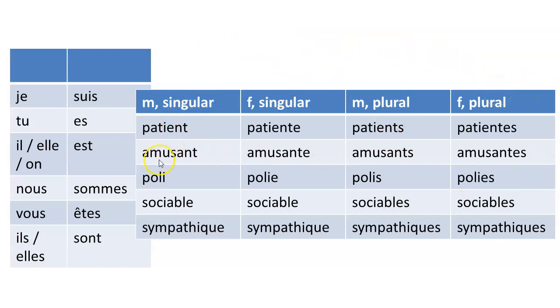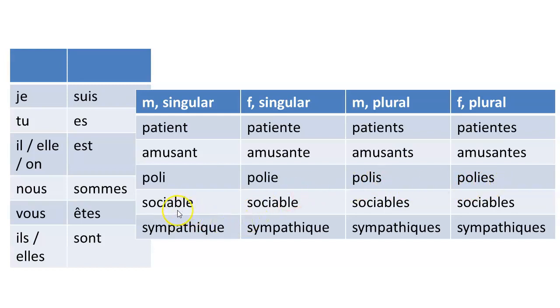Okay, so for the adjective fun, if you want to describe someone as being a fun person, you would use amusant for masculine, amusante for feminine, and then with the plural we have amusant and amusante. Polite, we have poli for masculine, polie for feminine singular. Notice the E added on there. For the plural, polis with an S, and then polies with the S to the feminine form.